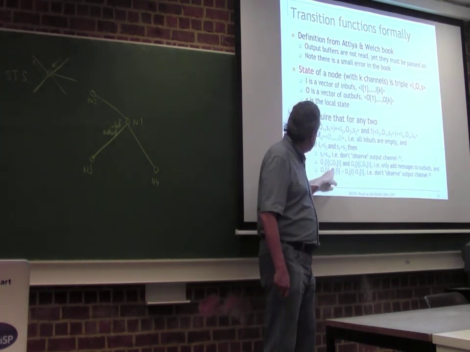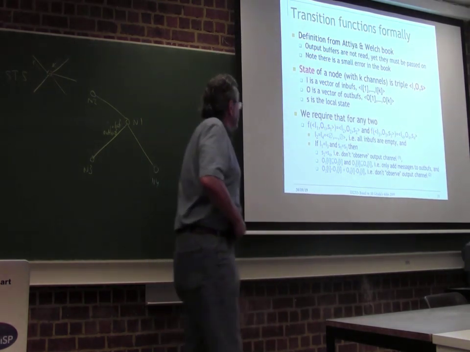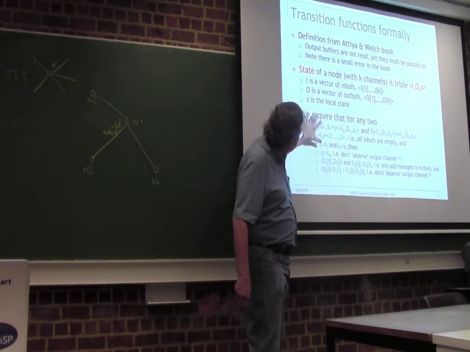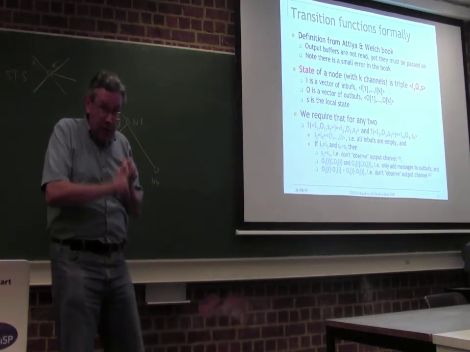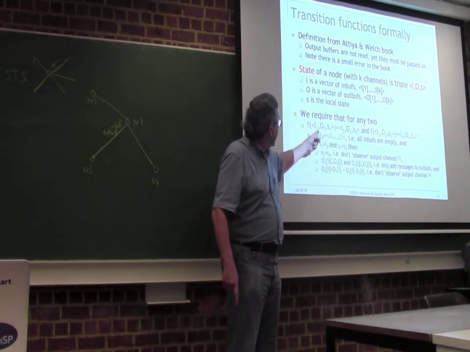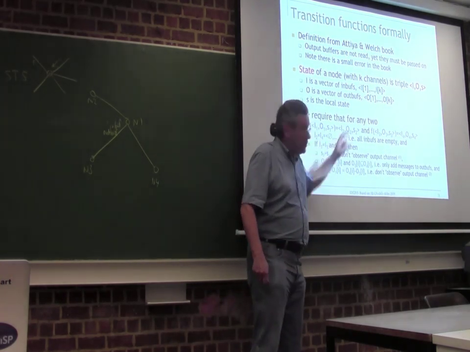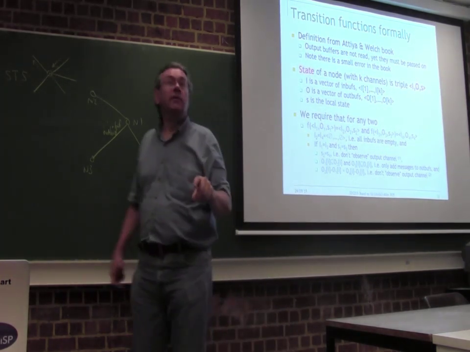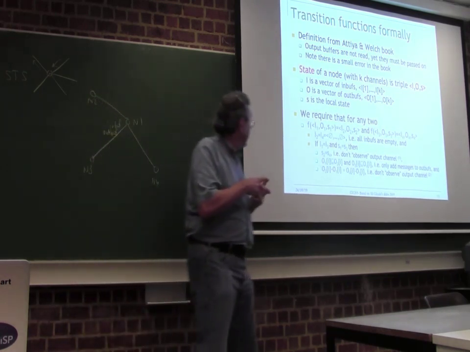We're not using the values of O1 and O3. So this is the little bit tricky formal definition of the state transition function. It's deterministic. It completely reads the incoming messages, and it might add messages that are outgoing. Okay, so those are the three properties that we formalize here.